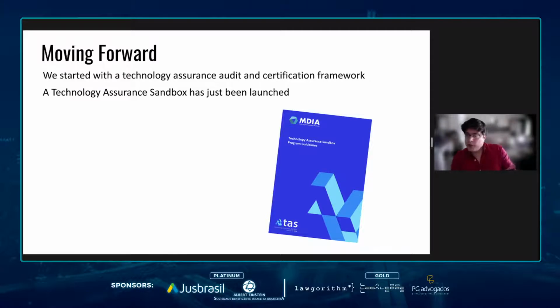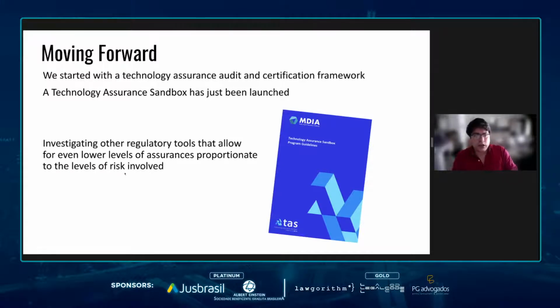So we then further looked into creating a technology assurance sandbox, which we've just launched. This allows for more flexibility in regards to the types of assurance that are required, and allows us to scale down the framework to be proportionate to the risk involved in the particular operation.